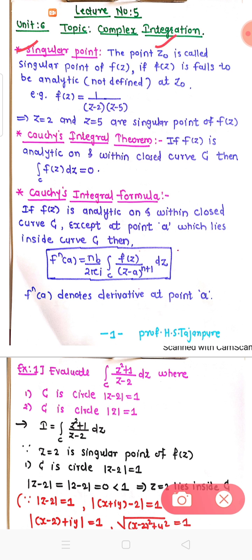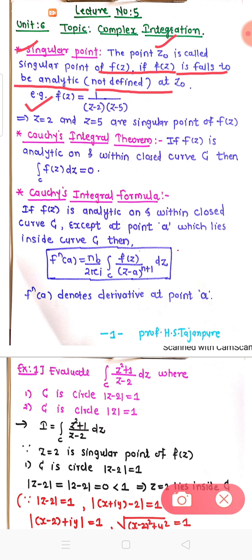The point z0 is said to be the singular point of the function f of z if f of z fails to be analytic. Analytic means not defined at z0. Such points are called singular points. For example, f of z is equal to 1 upon (z minus 2) into (z minus 5).